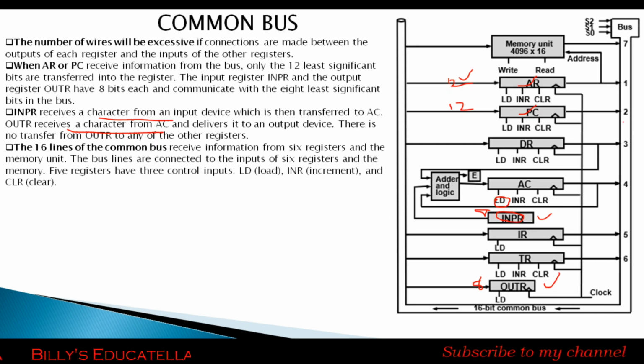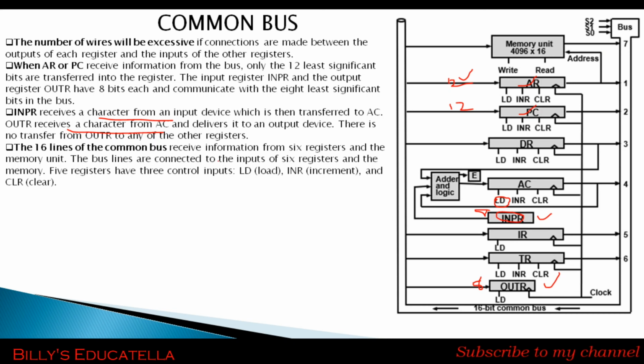As I already said, the 6 registers, that is the address register, program counter, data register, accumulator, instruction register, temporary register, and the memory unit will get the inputs and send the outputs to the common bus system.